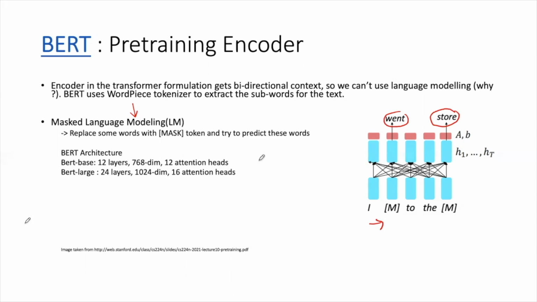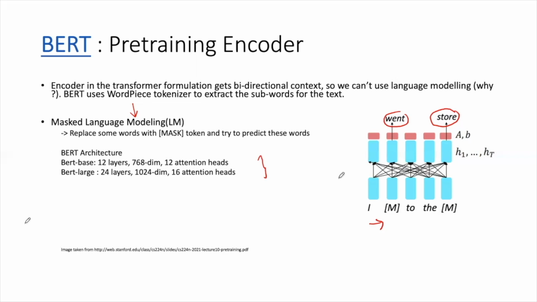When BERT was released, there were two forms of BERT: BERT large and BERT small. BERT large is basically a bigger model. Apart from that, there are some specifics on how the masking is exactly done. Around 15% of the words are masked. Even within masking, only 80% are replaced by the mask token, 10% are left as they are, and 10% are replaced by a random token.